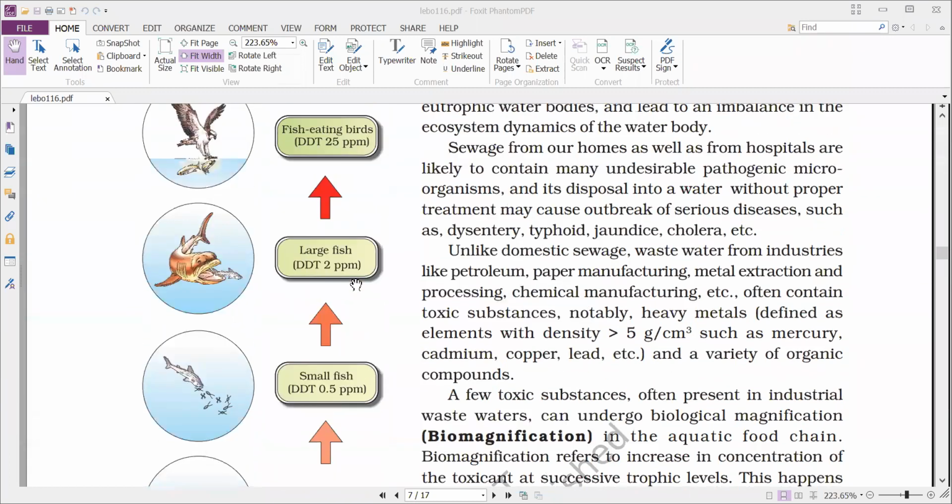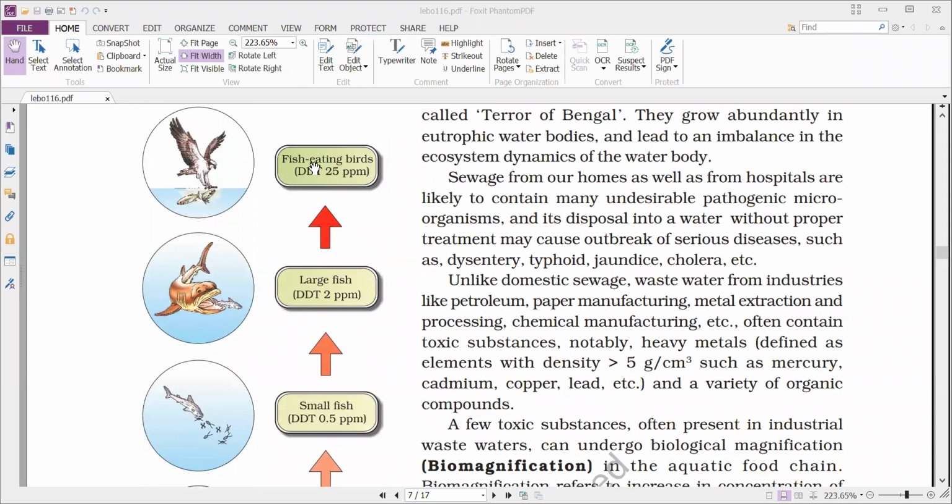And next, there are large fishes which feed on the small fishes. That means it was increased by 4 times, from 0.5 parts per million to 2 parts per million. And next, from large fishes it enters the birds, because there are some sea birds, aquatic birds, which feed on these fishes.